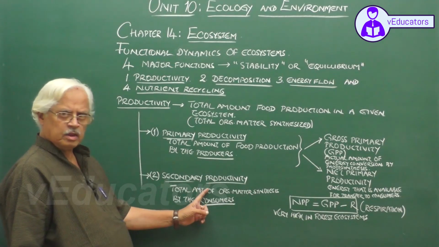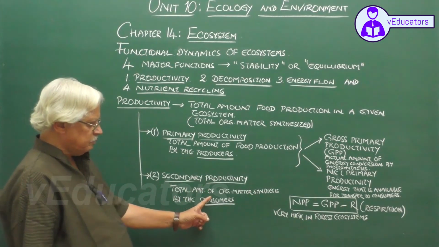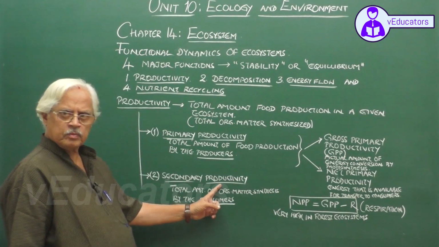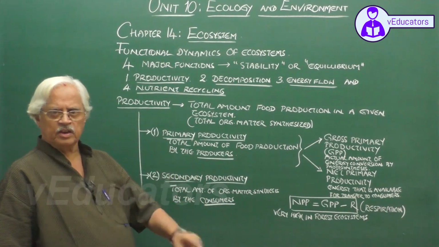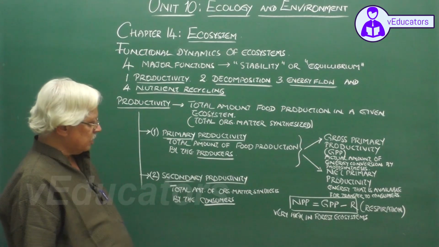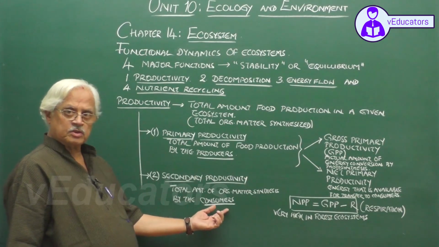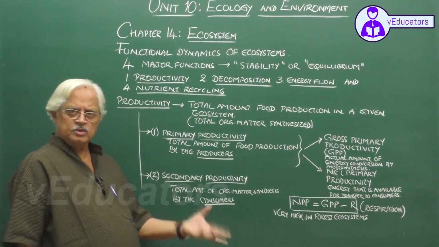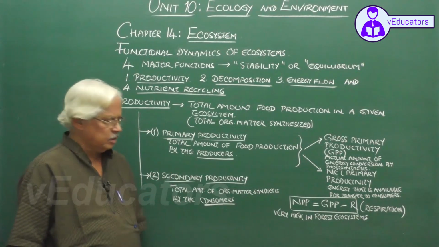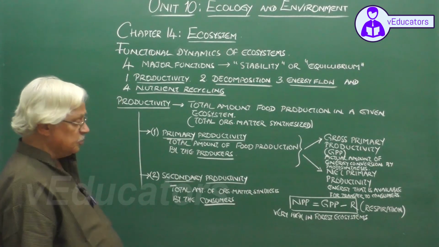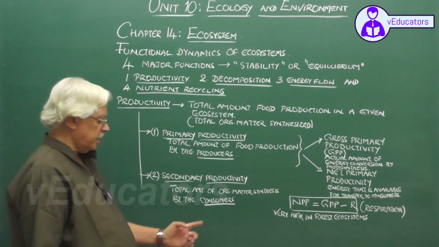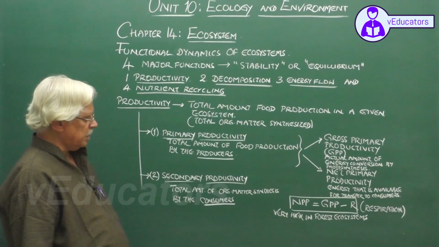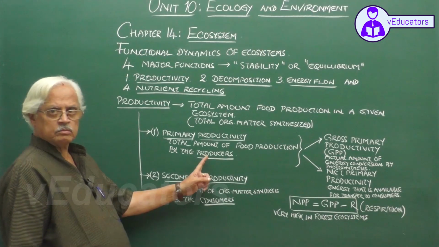Again, in secondary productivity, you have gross secondary productivity and net secondary productivity, because even in the case of consumers, considerable amount, in fact more than producers, of energy gets used by them, because animals exhibit locomotion. So more energy is spent by consumers than producers.